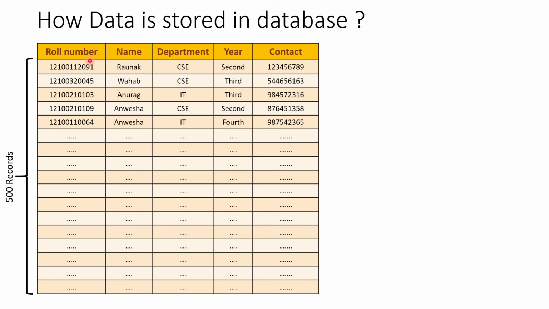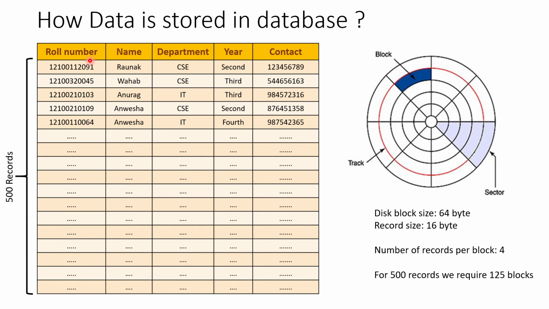If we have a very limited amount of memory in the system, then the question is how we can store it, and especially how we can access each and every record of this particular table.